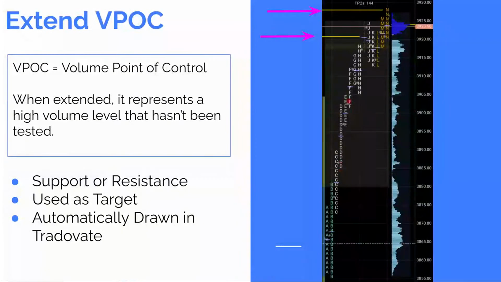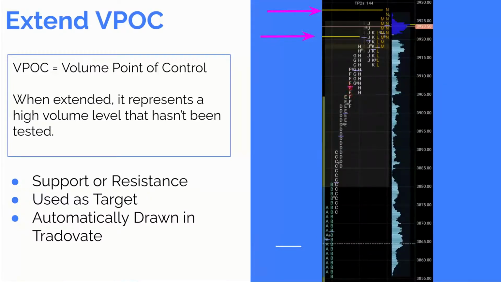I would definitely be taking some off at that level. And if I was going to keep a runner on, this would be the next target. This is a level where I would certainly leg out of some more or potentially exit altogether. But what makes this so nice is, when the market traded up to here, look what we had right after it.